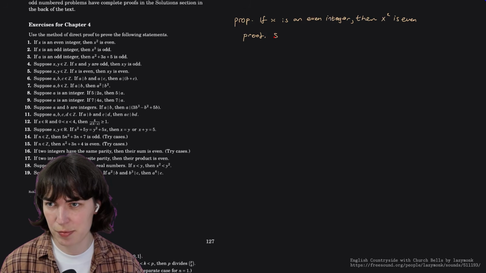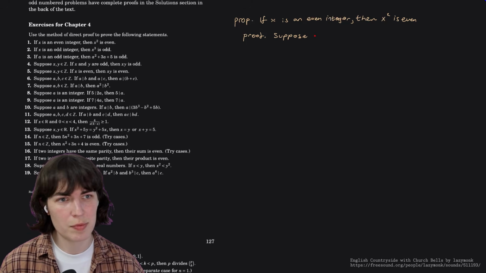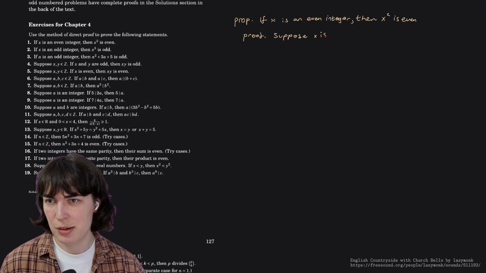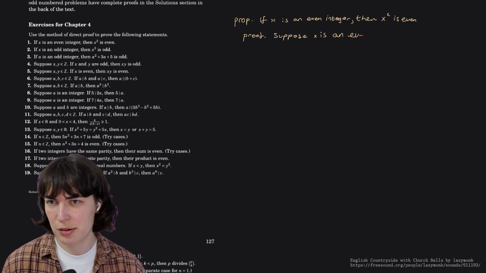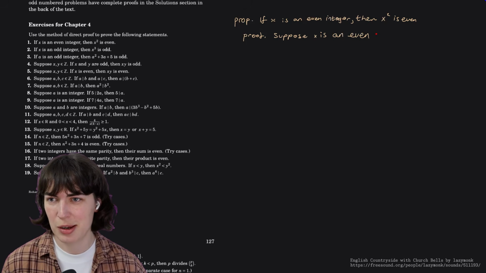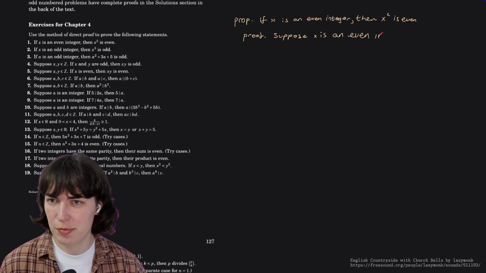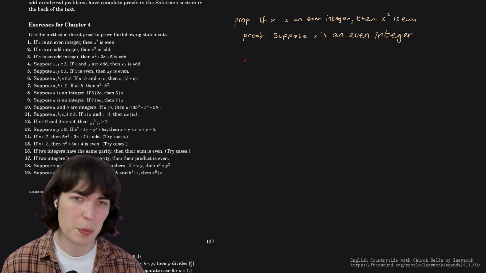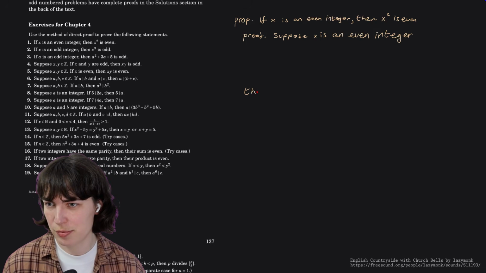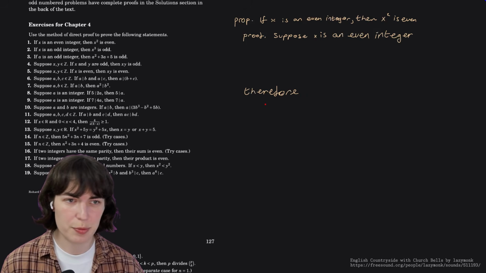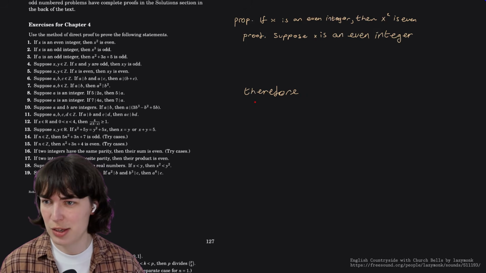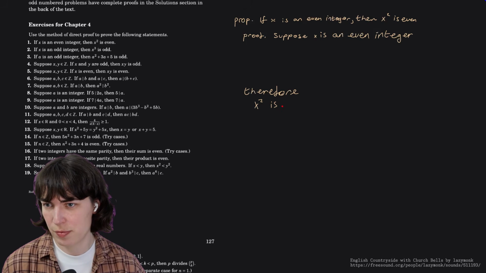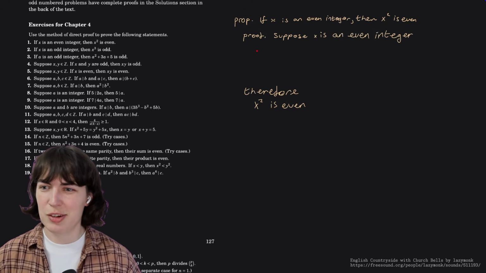So we're supposing x is an even integer, and then we've got a therefore. Therefore, x squared is even.